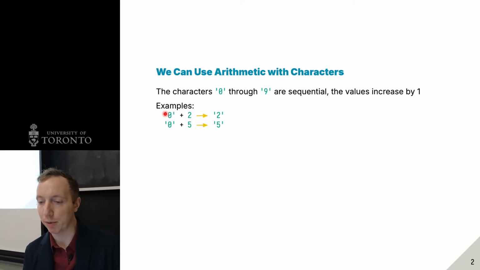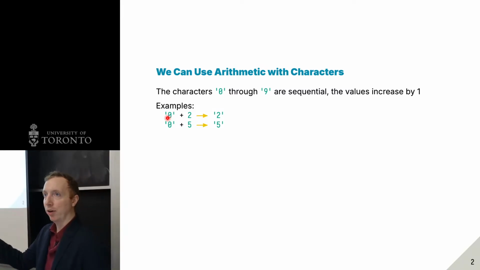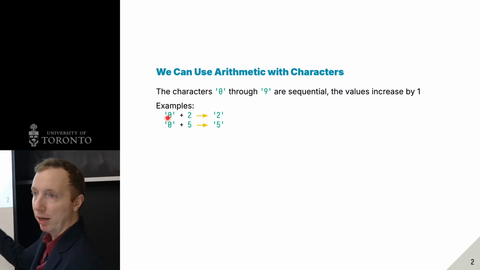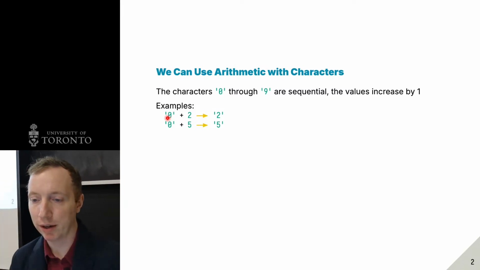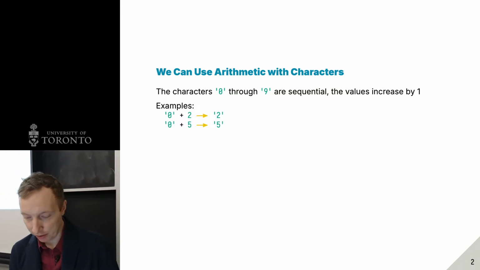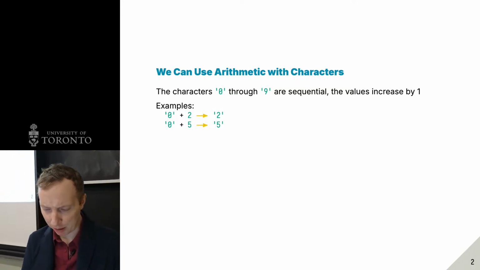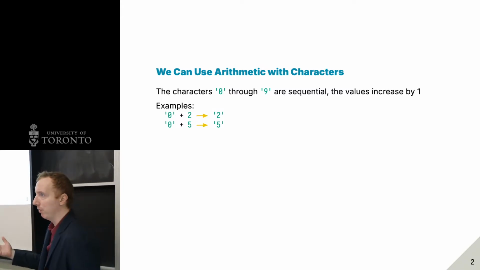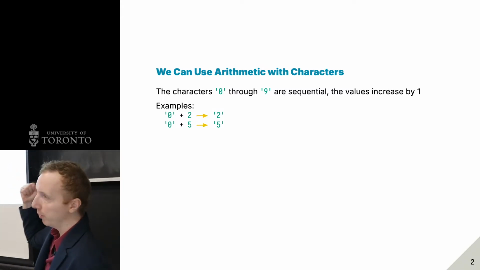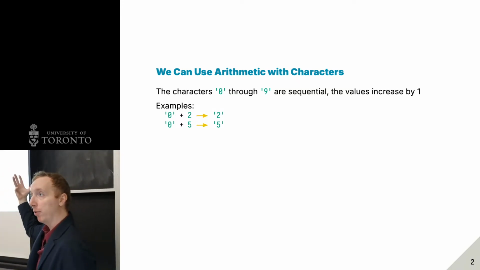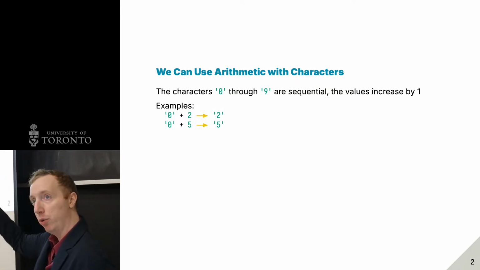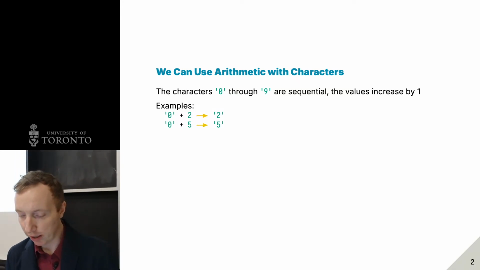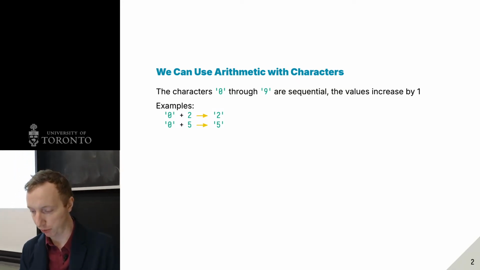We don't know the encoding of this. 0 will just be some number, though if you actually want to know, I believe it's the value 48 or something like that, but again, we don't have to know it. If I add 2 to it, it's whatever 0 is plus 2, so 2 characters forward, that will give me the character 2.